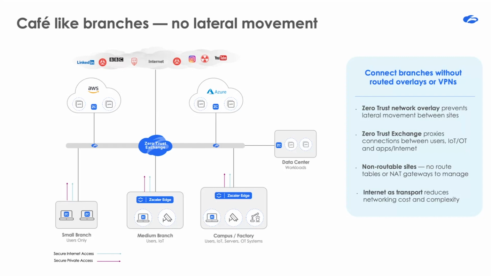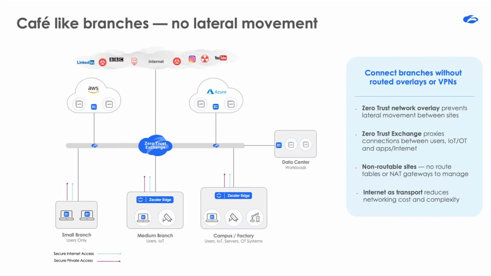So walk us through, how does it actually work in the different scenarios that we see here? For small branches, medium branches, campuses, and factories, what does it actually involve? So, of course, deploying the solution that secures unmanaged systems is really the critical aspect of it, right? Because for managed systems, we at Zscaler have had a client connector, a software agent available for laptops, phones, iPads, etc. for many years, right? But it still had a gap on unmanaged devices.